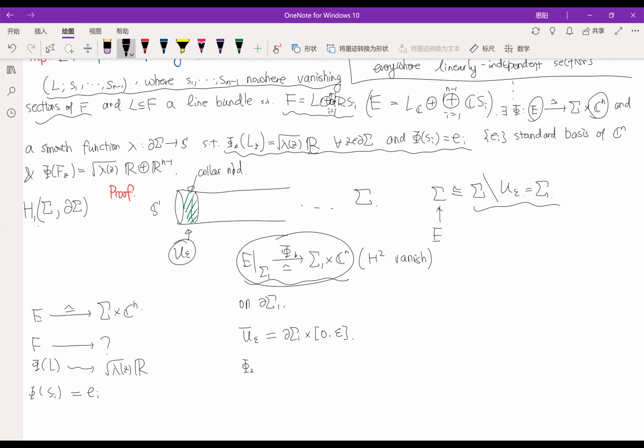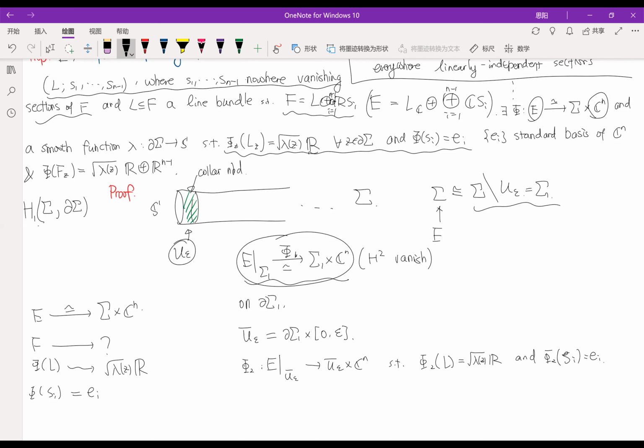So phi 2 must map E restricted to U epsilon to some U epsilon bar cross Cn, such that phi 2 maps L to the square root of lambda z times R, and phi 2 must map S_i to e_i.